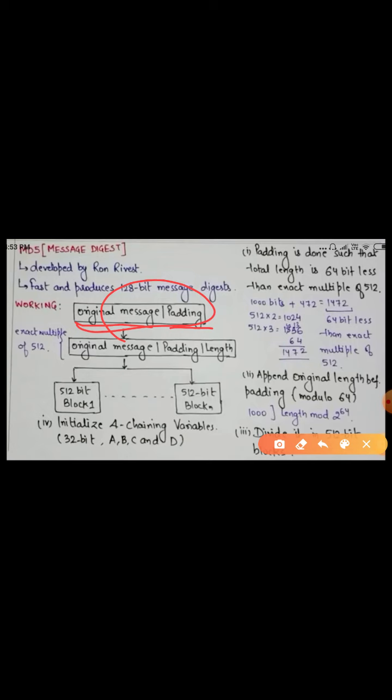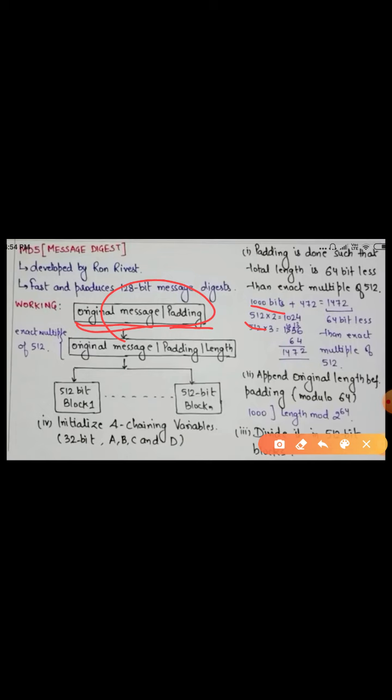Suppose my message size is 1000 bits. Here we have to see how many bits we have to add. First we will see the multiples of 512. The second multiple is 1024. Subtracting 1000 from 1024, we get 24, but that is not 64 less.